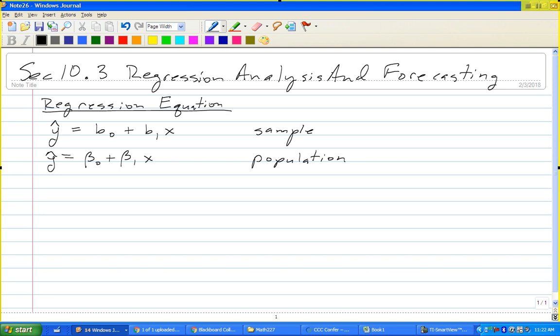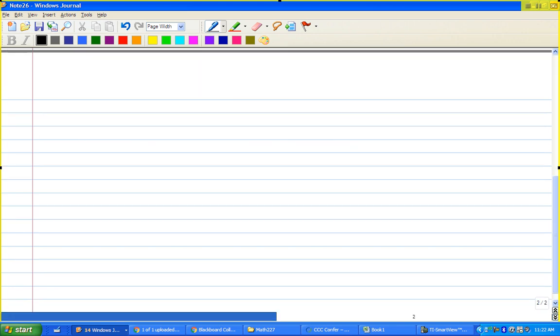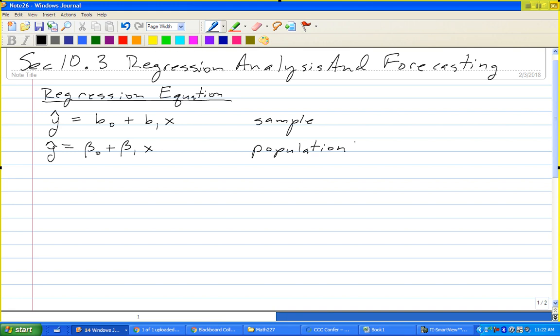So we'll make some assumptions. That these pairs of data are from a random sample, this bivariate data, and this will be quantitative data.